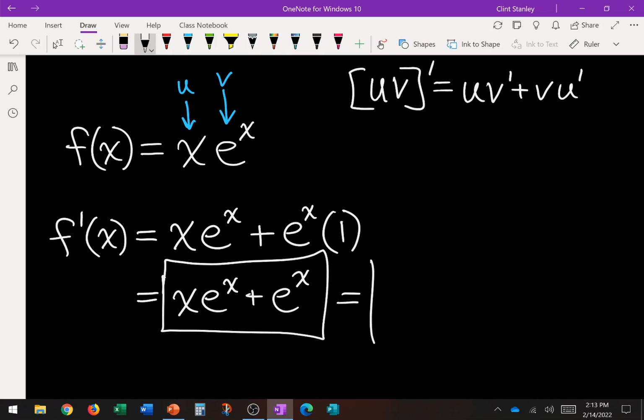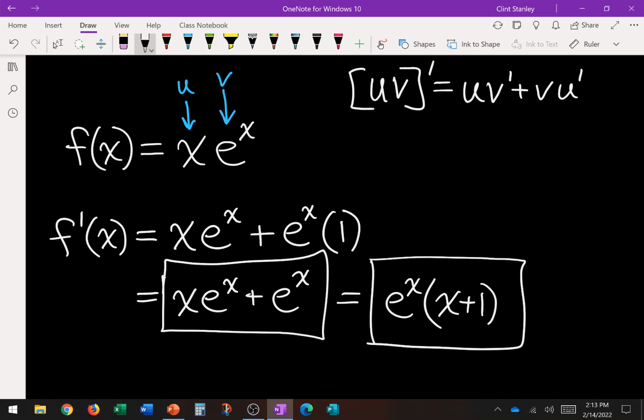So an equivalent answer, we could say that's e to the x times x plus 1. You'll get the same credit. Either one's okay. The reason why it's worth looking at that is because what if we want to find the second derivative?